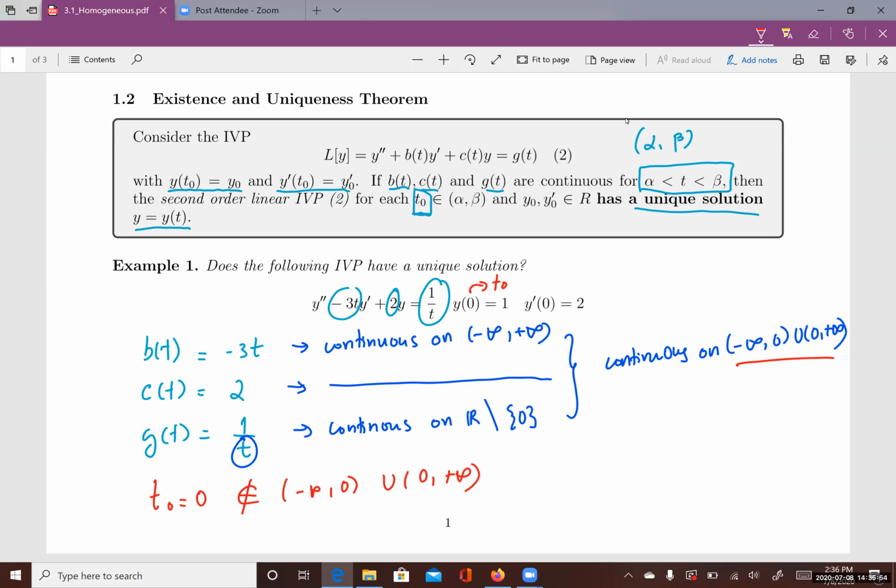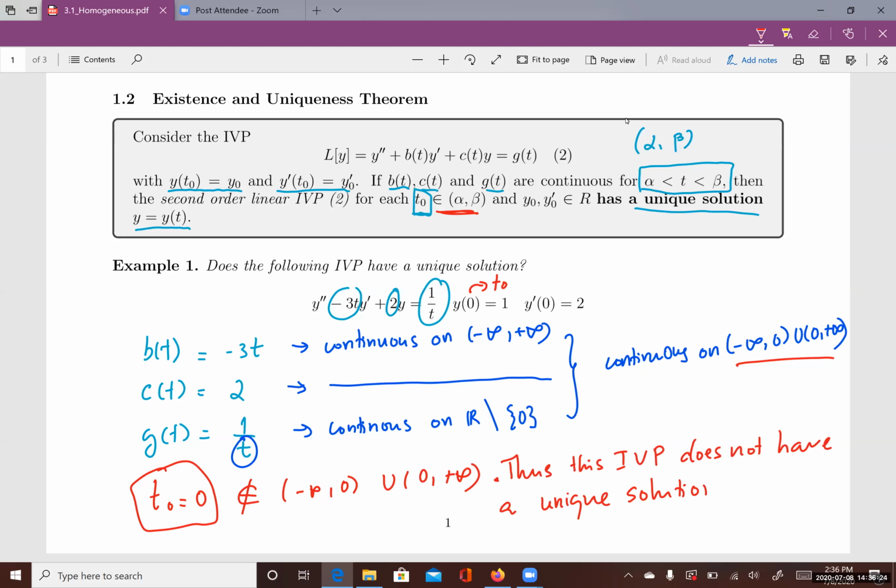So if t0 is not in the interval alpha to beta, we can conclude that this IVP does not have a unique solution.